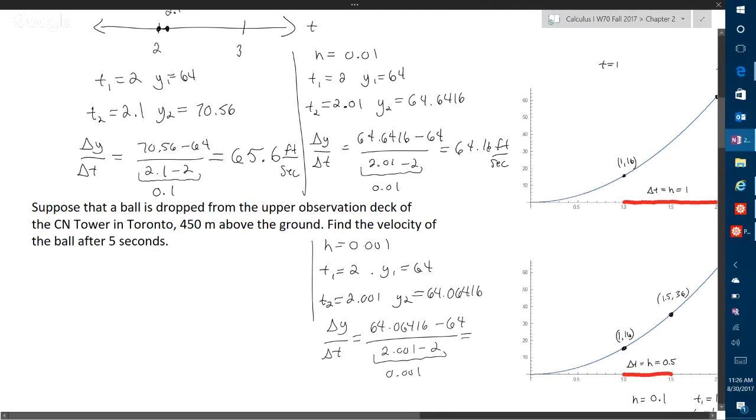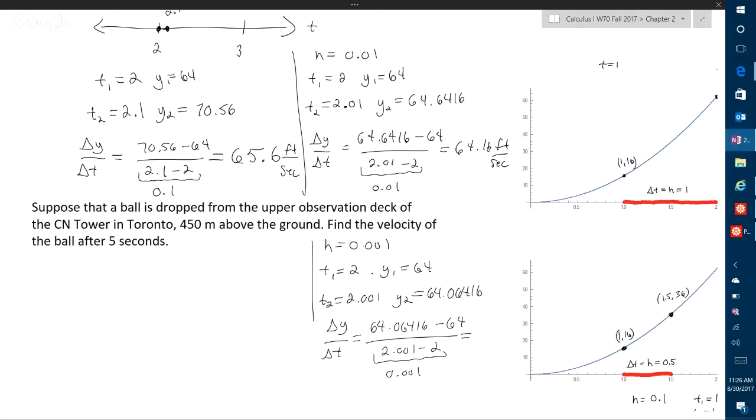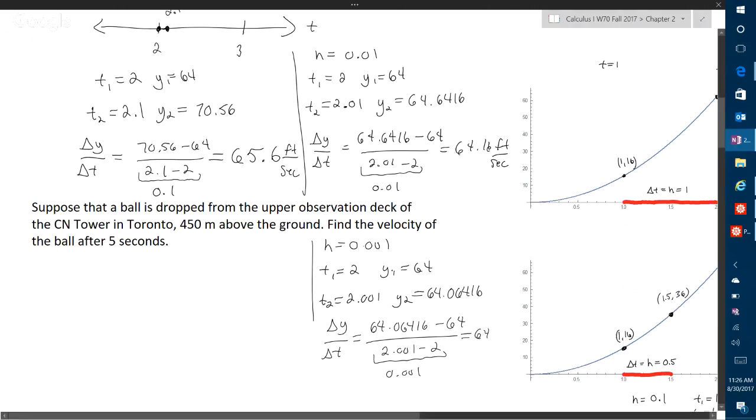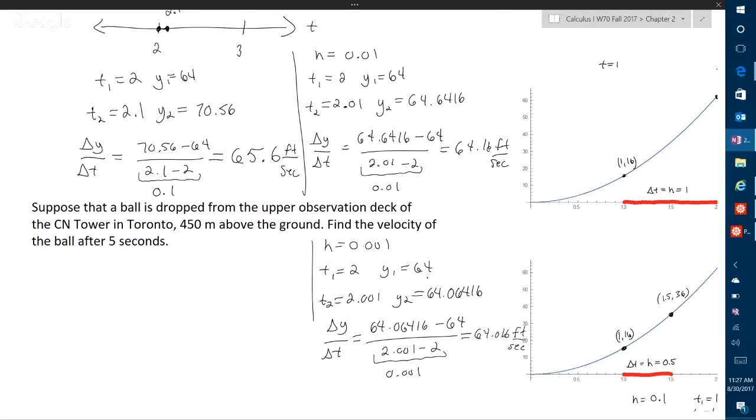And for this answer, you should get back 64.016 feet per second. All right, so just using 3 iterations, you can kind of see the trend here. We went from 65.6 to 64.16 to 64.016. If you keep going with this, the numbers are going to get closer and closer and closer to 64. So we're at approximately 64.